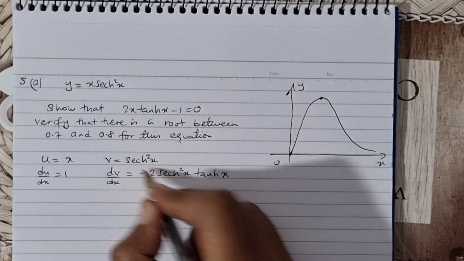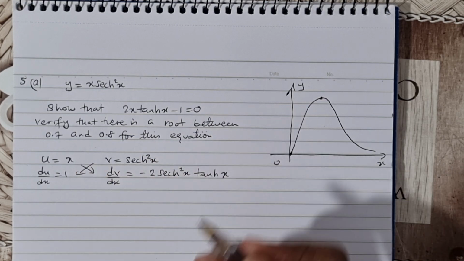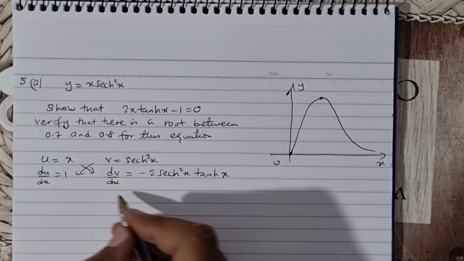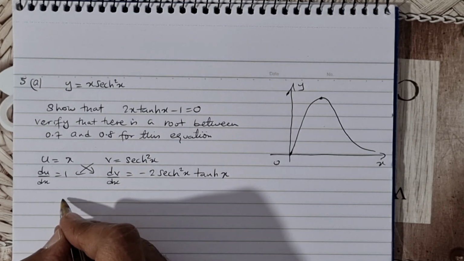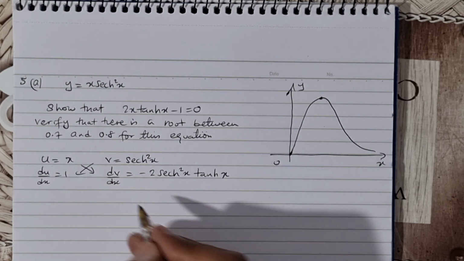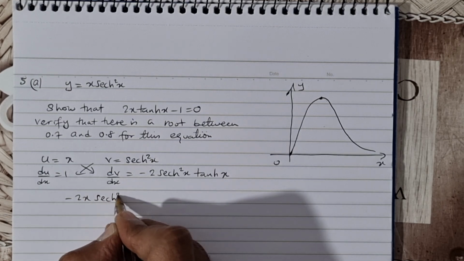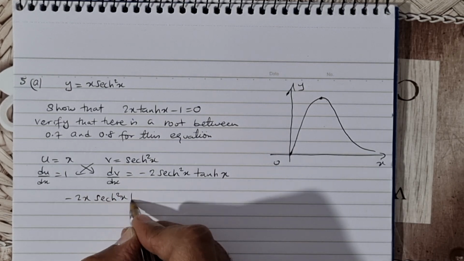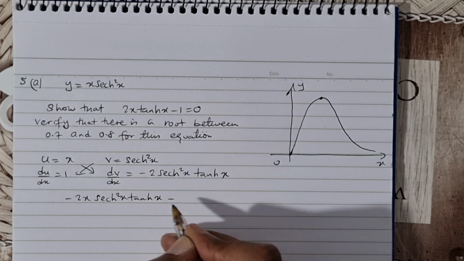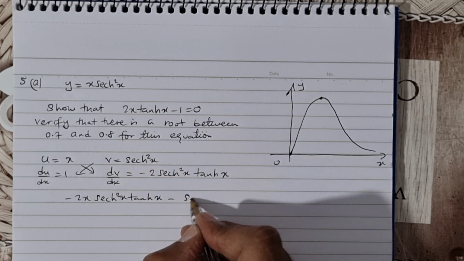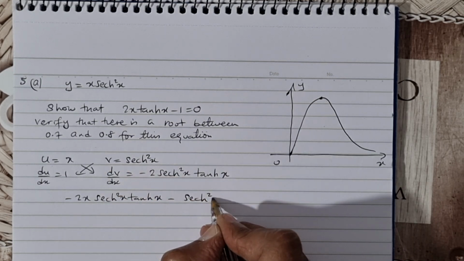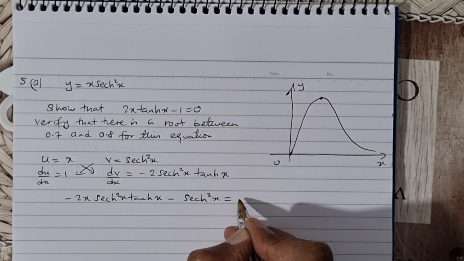Of course, you can use the chain rule here. Now we apply the product rule: u dv/dx is minus 2x sech²x tanh x, minus v du, so sech²x, and all of that is equal to 0.